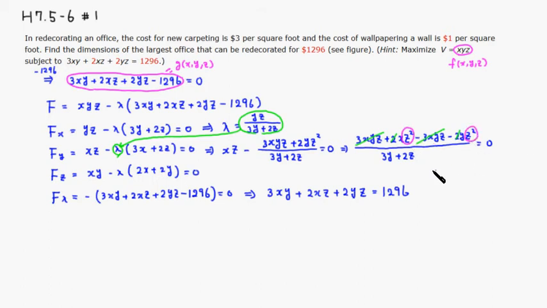So this is going to give us z squared times x minus y equals 0, right? But since we're trying to maximize this volume, we don't want z to be 0, so the only possibility is x equals y, so y equals x. Right, so we have that.